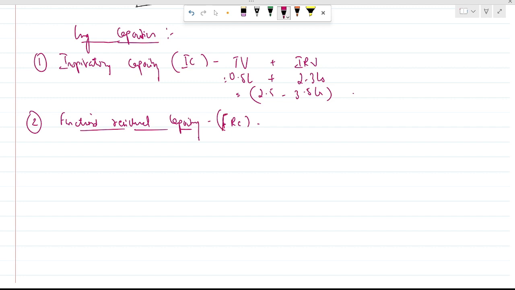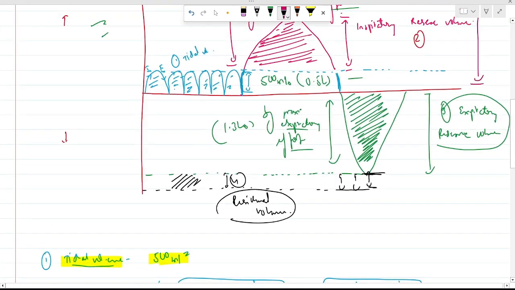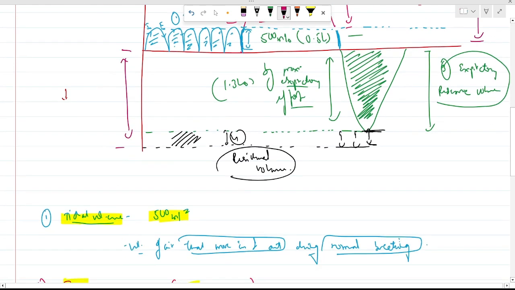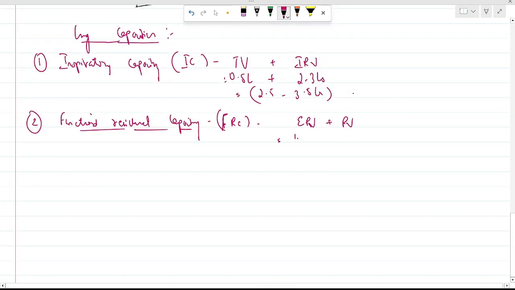This is the summation of expiratory reserve volume plus residual volume, the last two volumes. And how much is the value? 1.3 liters plus 1.2 liters, total 2.5 liters.